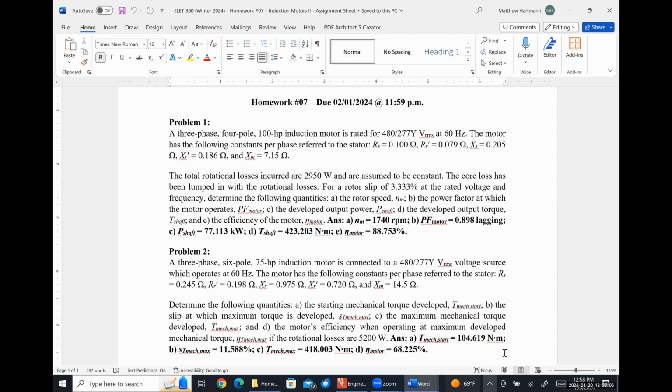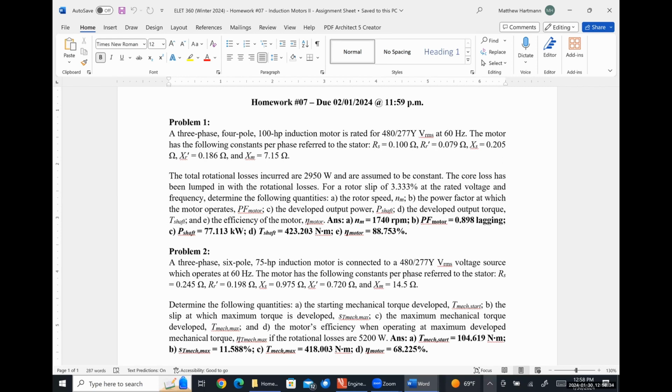Total rotational losses are 2950 watts and are assumed to be constant. The core loss has been lumped in with the rotational losses. Our slip is 3 1/3% at rated voltage and frequency. We are asked to determine rotor speed, power factor, shaft output power, output torque, and motor efficiency.